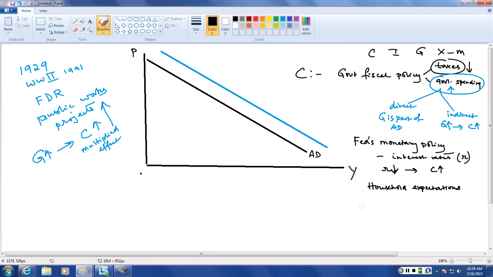If households are optimistic about their future, if they think that they are going to get pay rises at work, that's when they are more likely to go shopping today. On the other hand, if they are pessimistic about the future, if they are uncertain about their jobs, if they think they're going to get a pink slip in the near future, that's when they are less likely to go shopping.